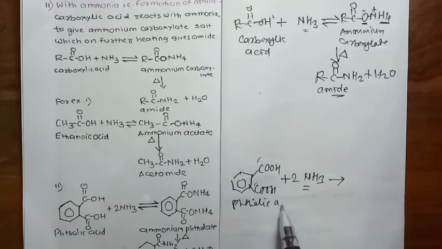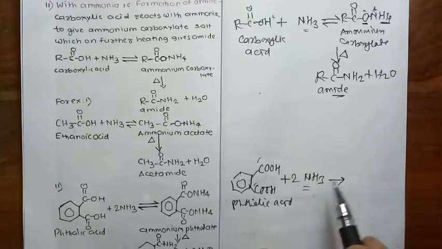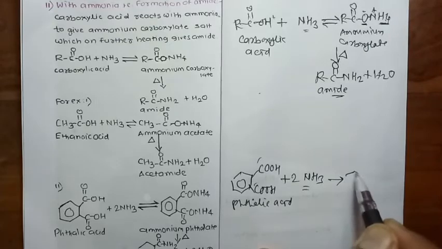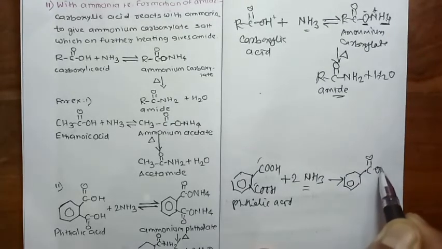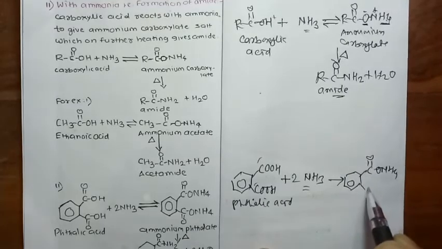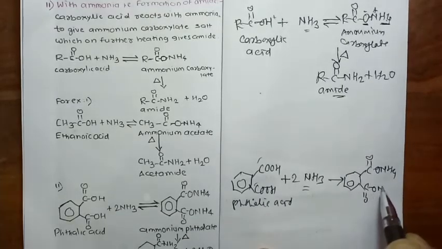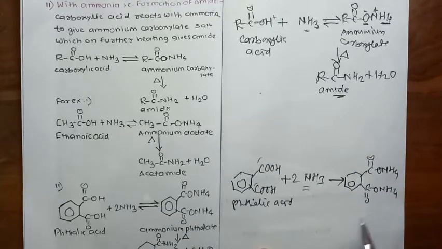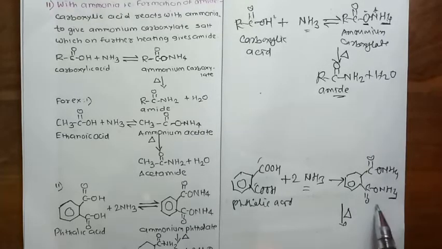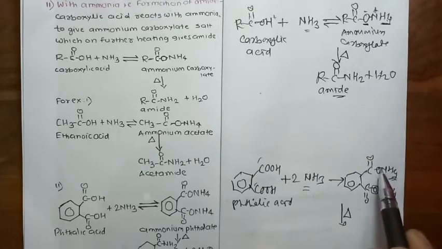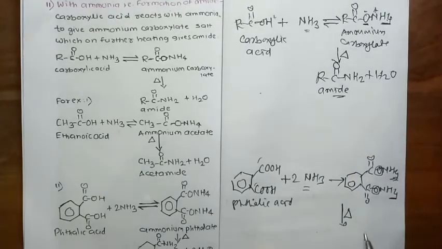This acid on reaction with ammonia gives ammonium phthalate, C double bond O, ONH4, and again C double bond O, ONH4. It is ammonium phthalate, and this compound on heating eliminates two water molecules. Two hydrogen atoms from this NH4 and this oxygen atom combine, forming H2O.